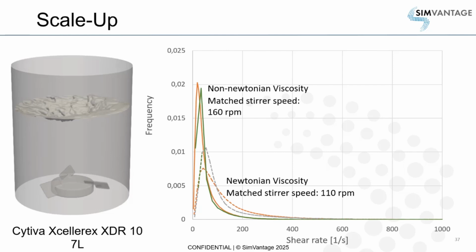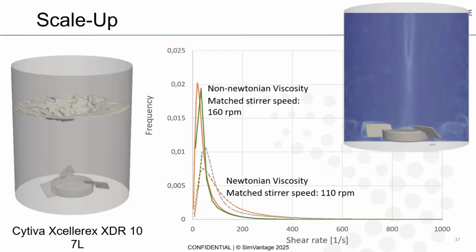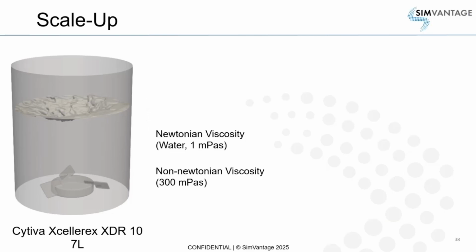The first one is the Newtonian viscosity, where we matched the stirrer speed to 110 RPM, and then the non-Newtonian viscosity, which we matched at 160 RPM. The different speed is because of the different shear rate distribution throughout the reactor.